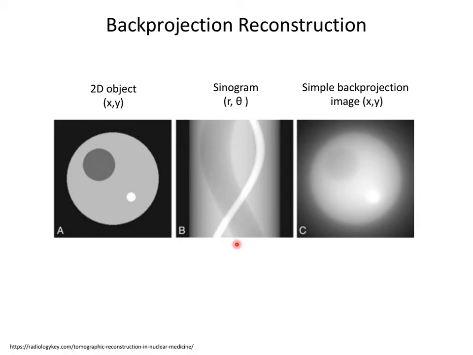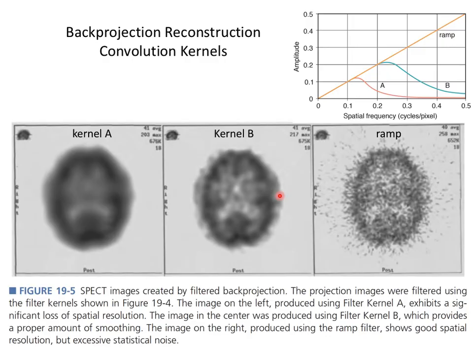There is actually no good way to describe this without describing the FT, so I think we might have to go into a bit of the FT next lecture, because I haven't got it in here. Anyway, to do the back projection correctly, you need to convolve each one of these 1D functions in the sinogram by a convolution kernel that has a different filter structure in Fourier space. The ramp function is the Jacobian for doing this integral, and so this is the most accurate one.